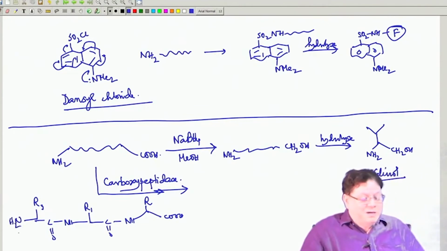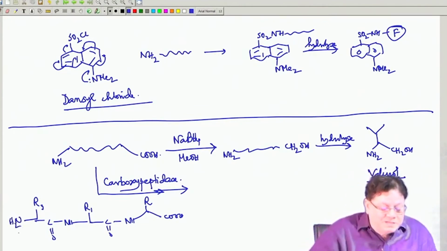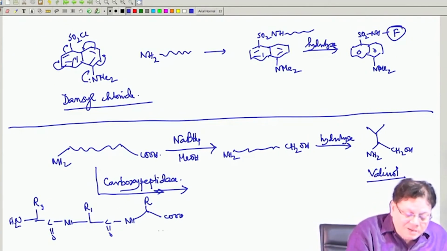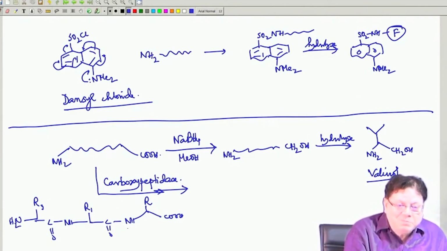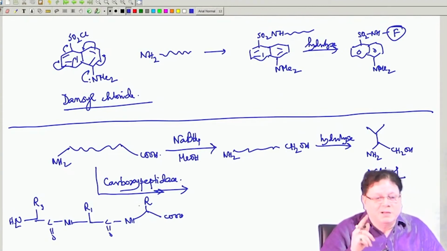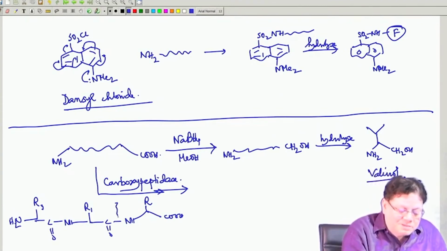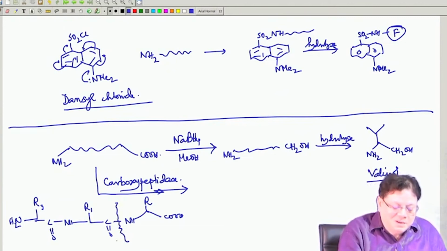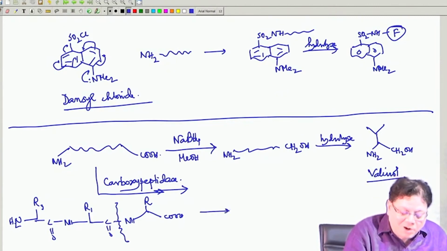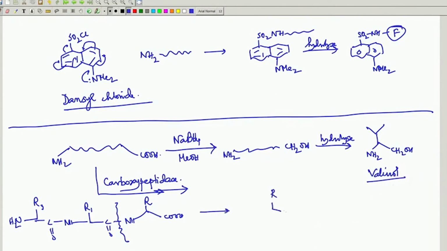So, this is a tripeptide. What carboxypeptidase does is hydrolyze the terminal peptide bond from the C terminus side. So, it will hydrolyze this one. Okay. So, this amino acid will come out, R CO2H NH2, plus you get the dipeptide, because we started with the tripeptide.